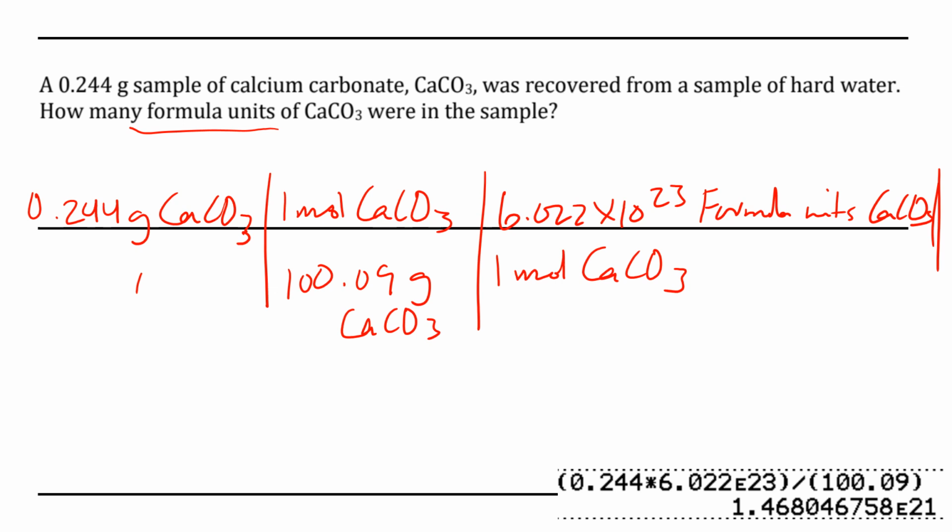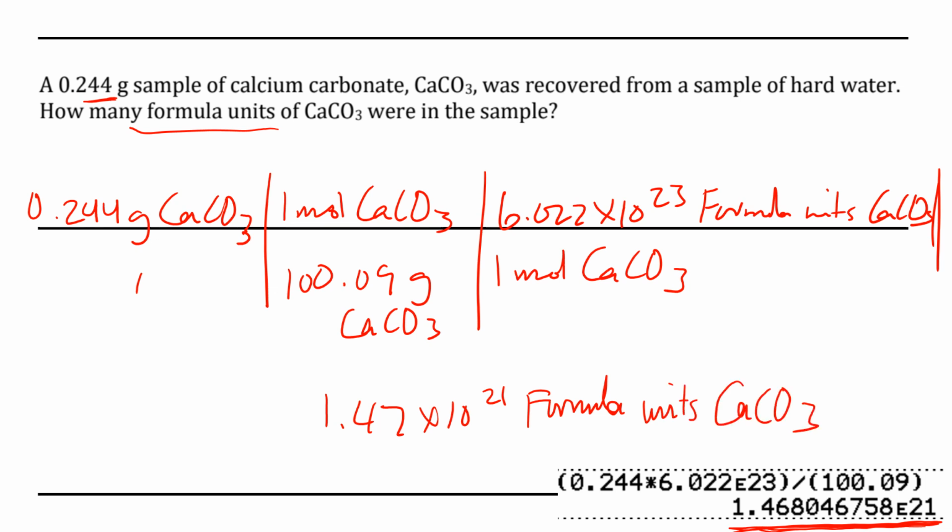So 0.244 times 6.022 times 10 to the 23 divided by 100.09, you end up with this number down here. So 3 sig figs: 1.47 times 10 to the 21 formula units CaCO3. Ew, that's bad.